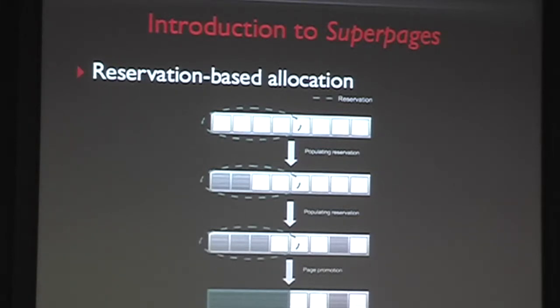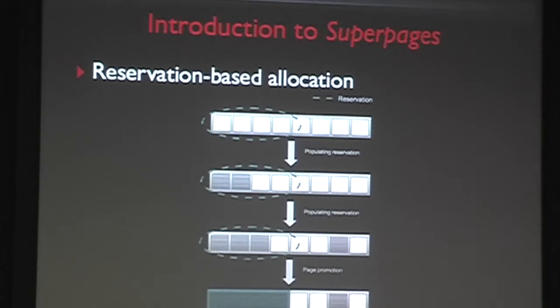Superpages is based on reservation-based allocation, and it's strictly related to the need that if we want to use several page sizes, we need to take into consideration that the area covered by a superpage will need to be continuous in both virtual and physical address space, because the size of the superpage will cover exactly the same size in the physical frames.